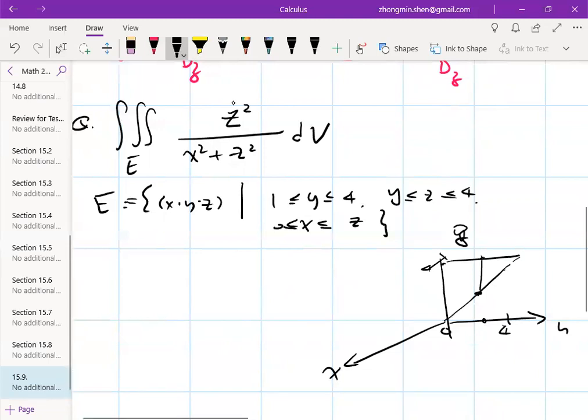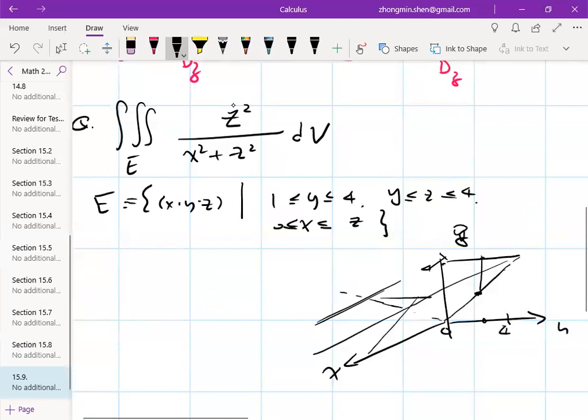If there's no restriction on x, what do you get? You will get something like that going this way. But x is going to be between 0 and z. Now, what is x when x equals z? x equals z is this line. So x is between 0 and z; when z is large, x is large.